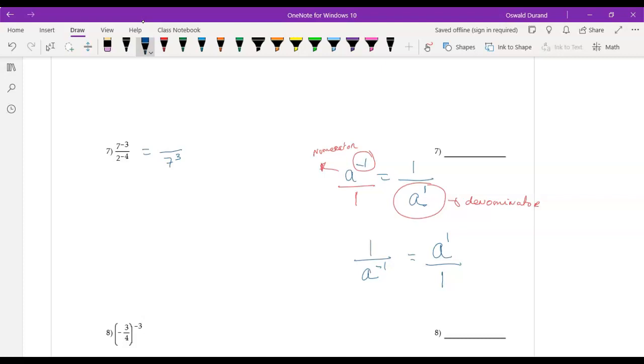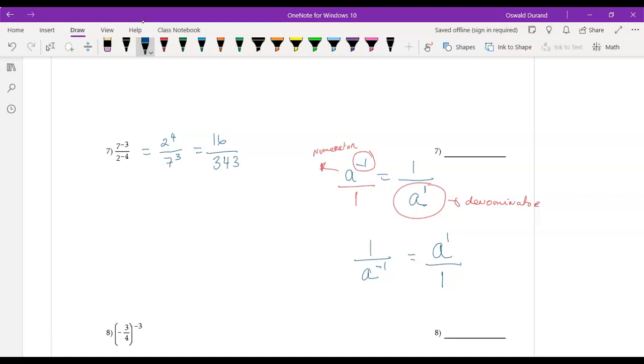Make it a positive exponent by putting it as a numerator, 2 to the power of 4. And that's it. Okay? I made them positive exponents, and then from there you can say 49 times 7, I'm sorry, is 343. Okay, so 16 over 343 will be the answer here.